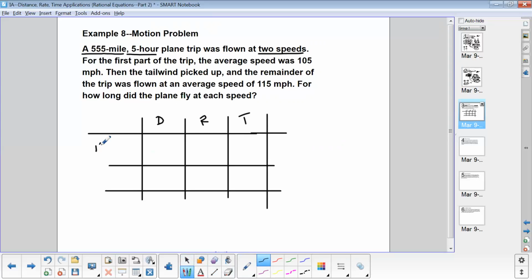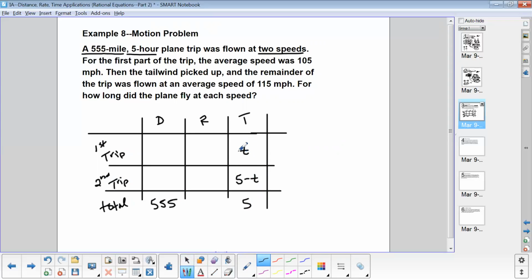So we'll have the first part of the trip and the second part of the trip. What we know is there's a total of 555 miles, and we also know it was a total of 5 hours. So if the first part of the trip took T hours, then the second part of the trip was 5 minus T hours.